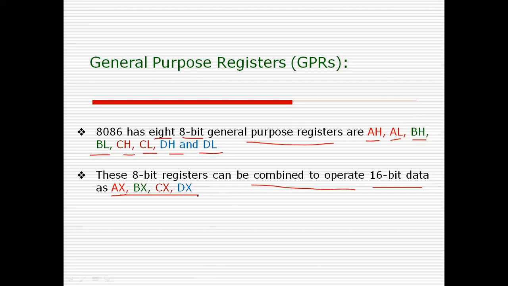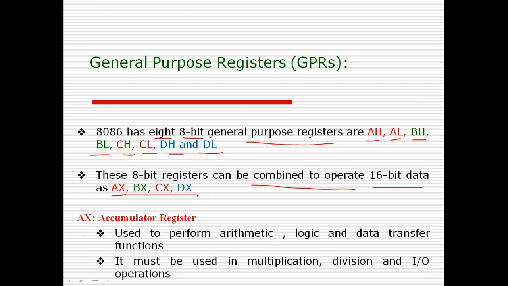So the 8086 has 8-bit general purpose registers that can be used for 8-bit data operations. The same registers can be combined as 16-bit registers to perform 16-bit operations. Therefore AX, BX, CX and DX are the 16-bit registers. Okay, remember this.